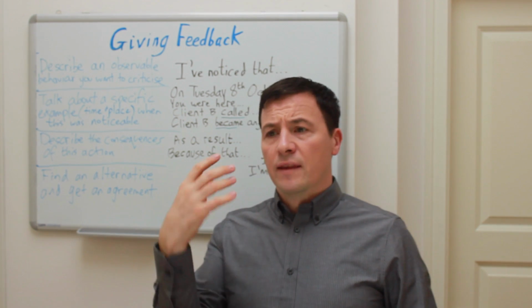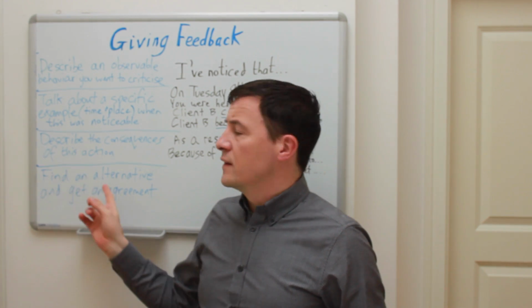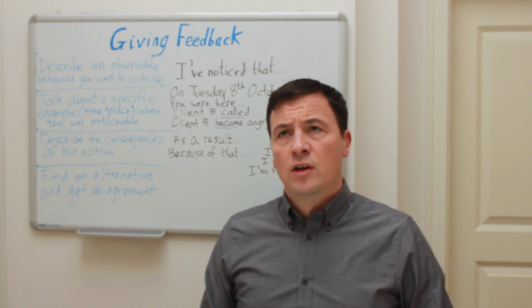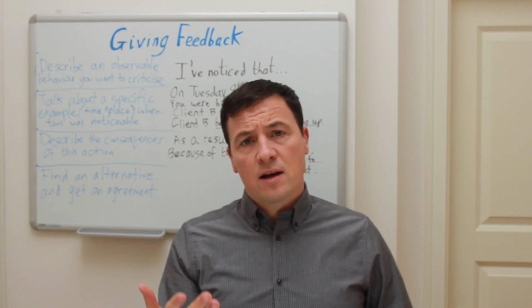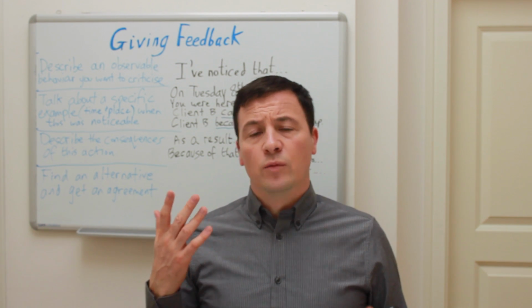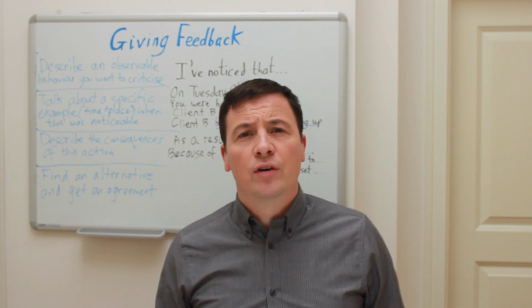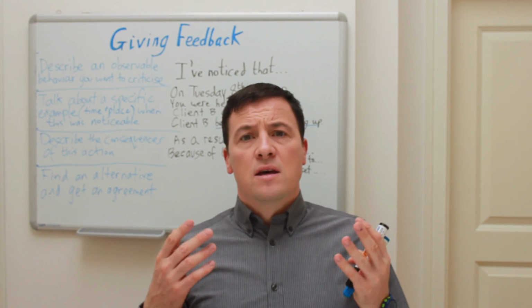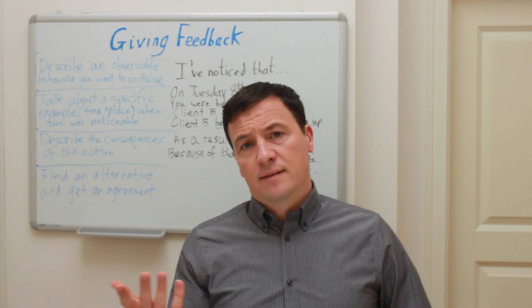And then in the last part, you could find an alternative and get an agreement. So you could say, for example, so the next time this happens, what can we do? Or how could you deal with this in a different way the next time it happens?